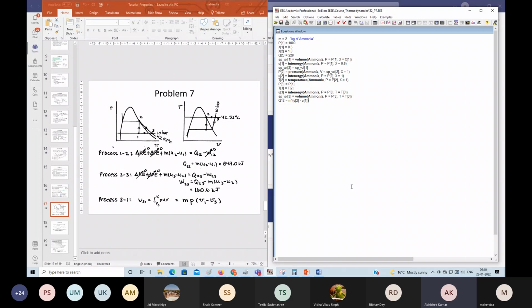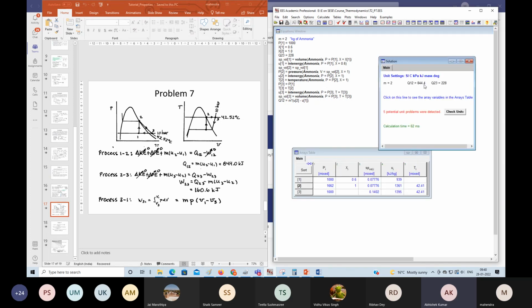Okay, this is Q1,2. So here internal energy equal to heat transfer. Work is 0 because this is constant volume. So what is it giving you? Q1,2 is giving you 844. Yeah, here it is 844.